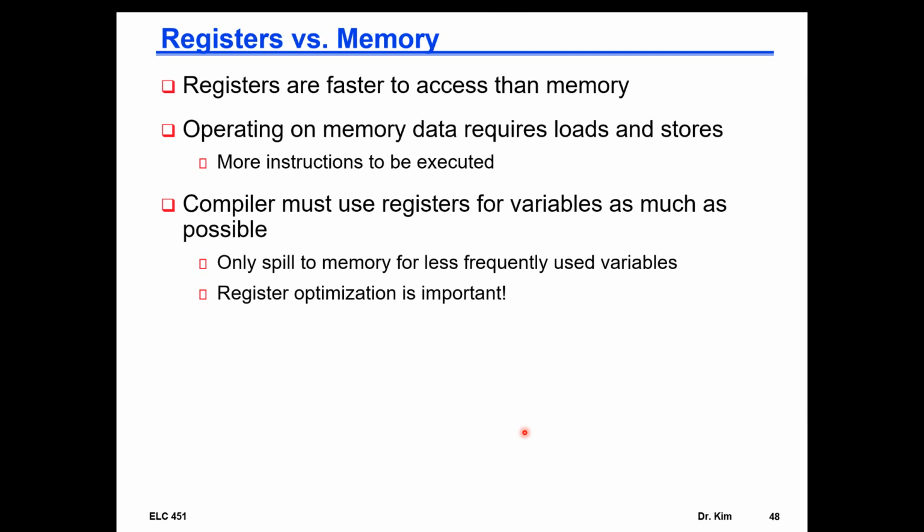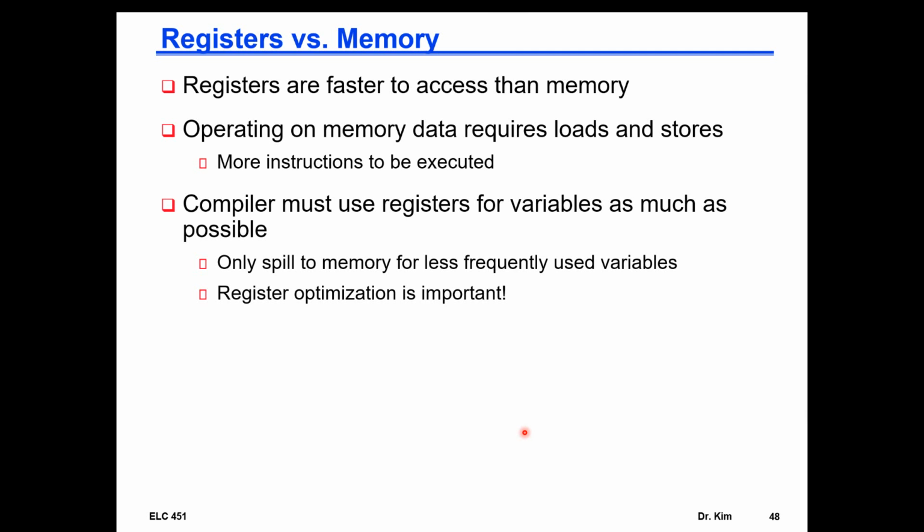So a big part of smart compilers or optimizing compilers is going through your high-level code and trying to optimize the usage of the registers in the register file in such a way that minimizes the memory accesses.